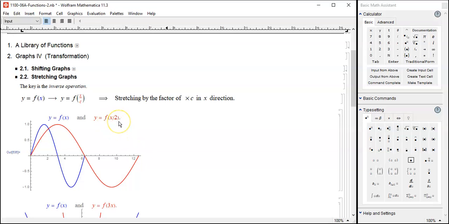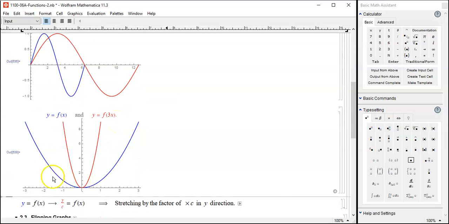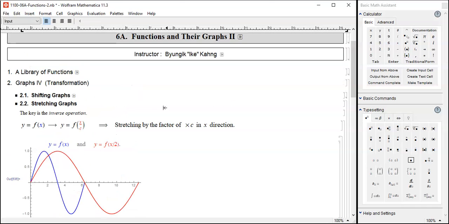X divided by 2. Here's another example. Blue is the original, but this time I'm stretching by a factor of 1/3, or compressing. Okay, inverse operation. Divide by 1/3, that's the same as multiplying by 3. So here, stretching by a factor of c, replace x by x over c.